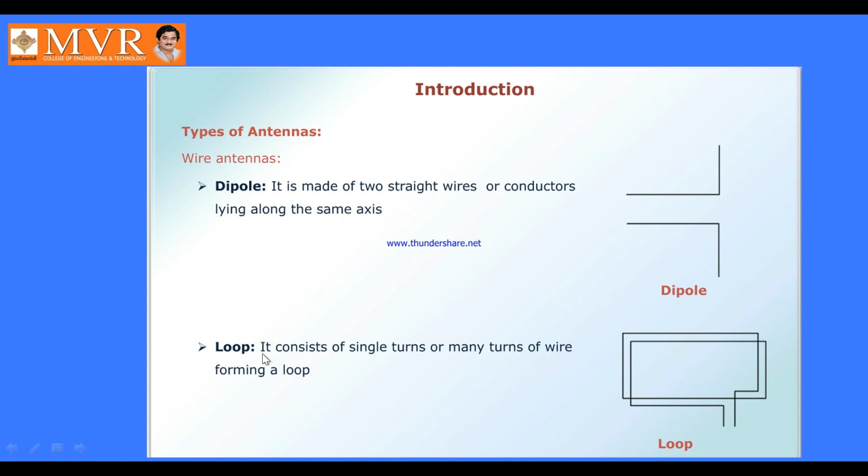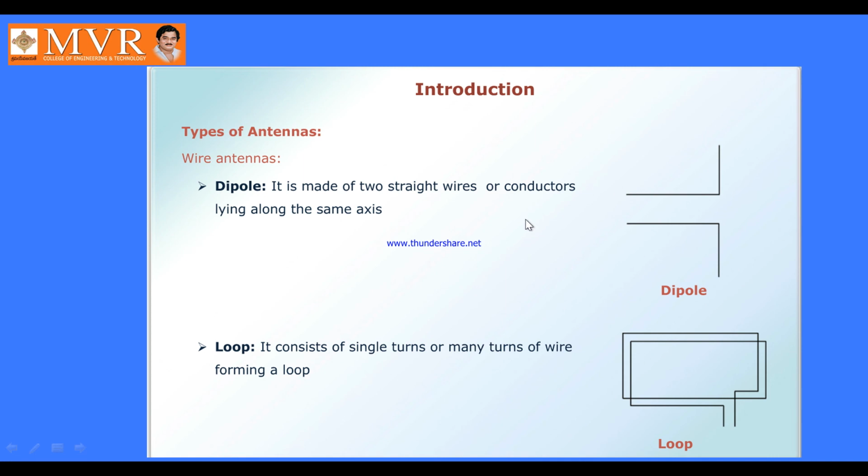The second one is a loop antenna. It consists of a single wire that turns into many turns, forming a loop like this. For these types of antennas, whether a dipole antenna or a loop antenna, the center is fed by a source. This source may be a voltage source, or a transmission line, or a waveguide, or some other thing.